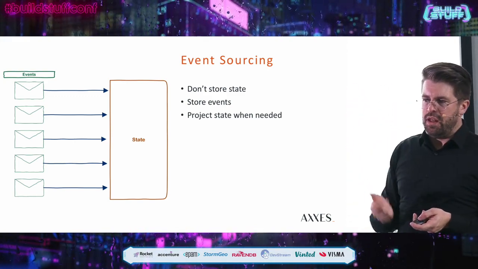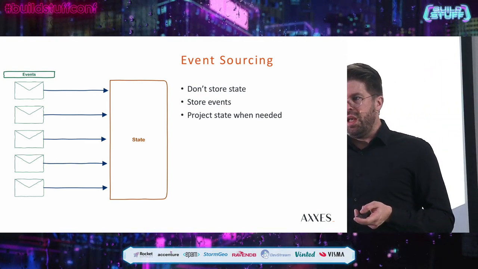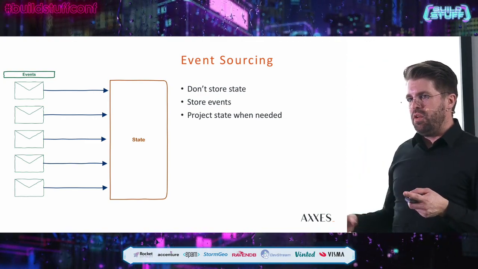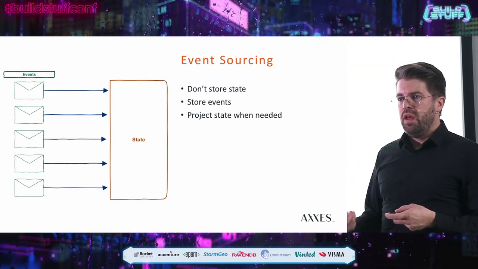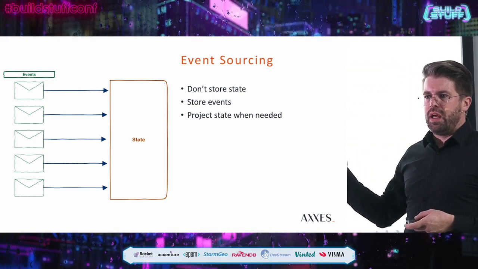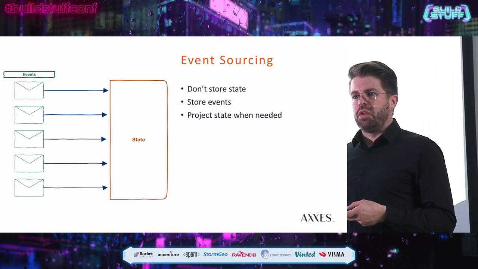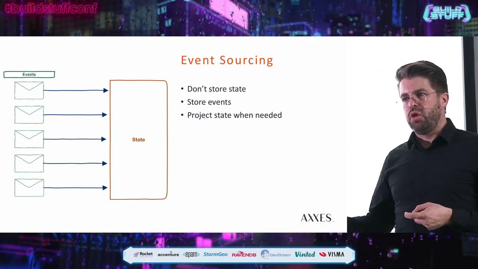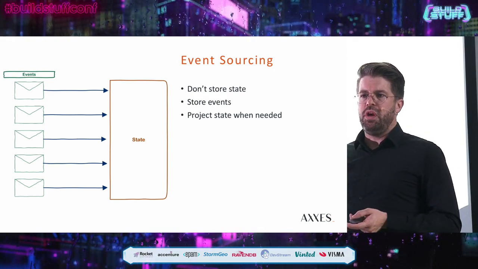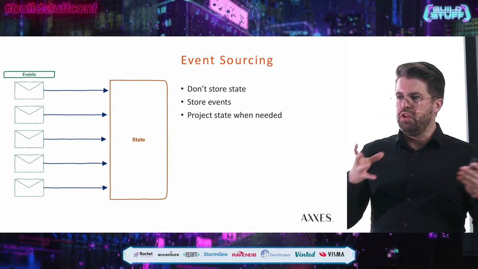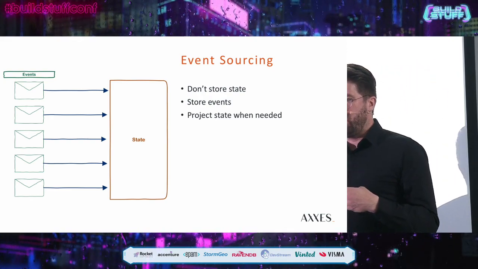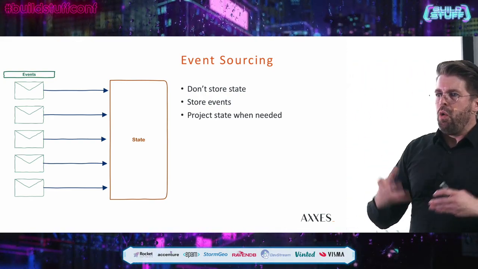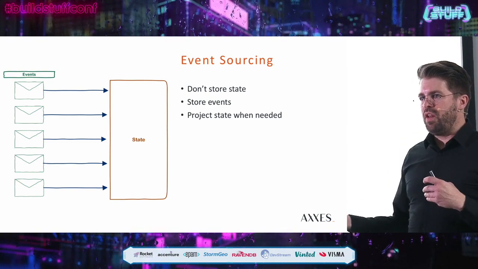You put product A in, and then you put product B in, and you take A out again because you saw in the recommendations, oh, we also carry product B, and that's going to be a better match for what I want. The state of your shopping cart is going to be that product B is in there. But the fact that you first put A in and took it back out, that is very valuable information. And that would be lost if you only store the state. But it is not lost if you keep all the events. And the philosophy is we can always project the state from the events.